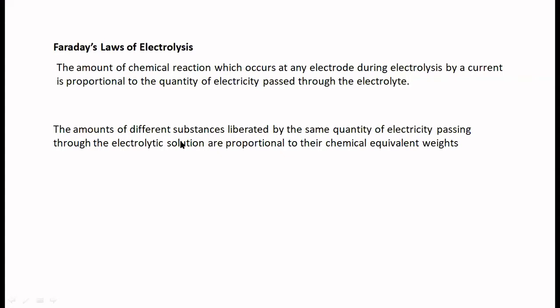Let me now take Na+, which needs 1 mole of electrons for 1 mole of Na+ to give sodium. Supposing you have Mg2+, it requires 2 moles of electrons to give magnesium.